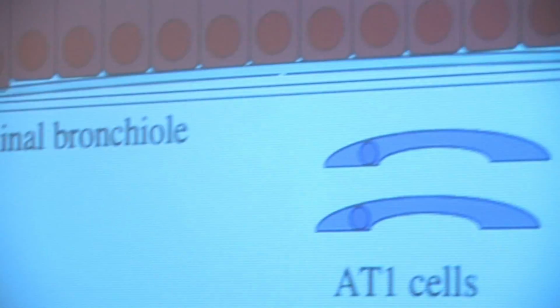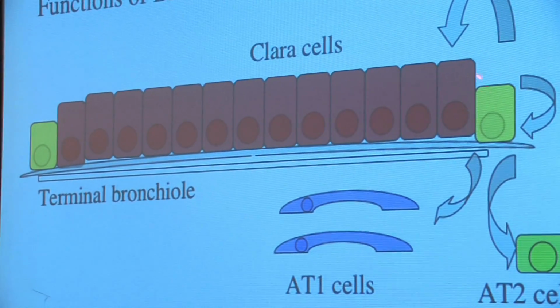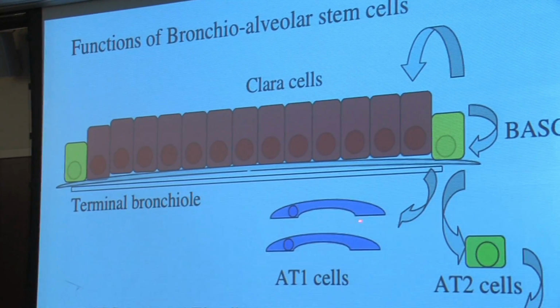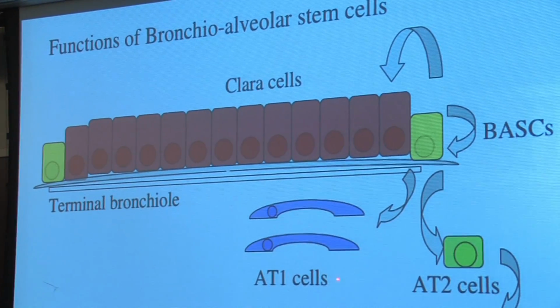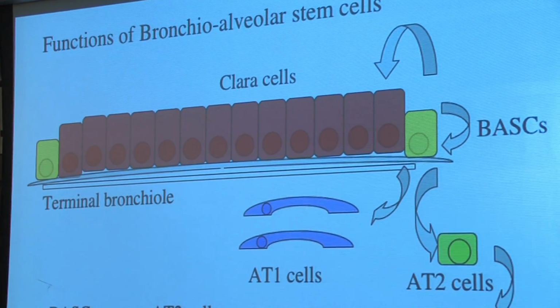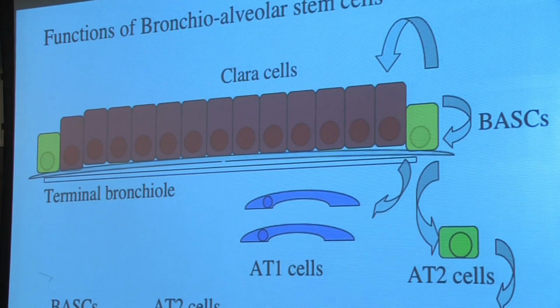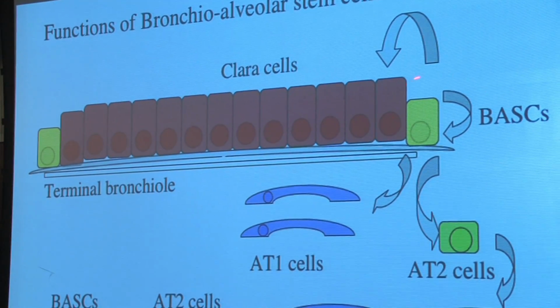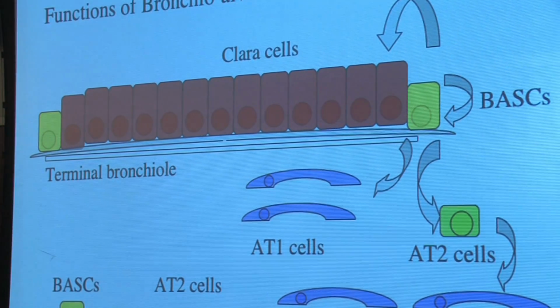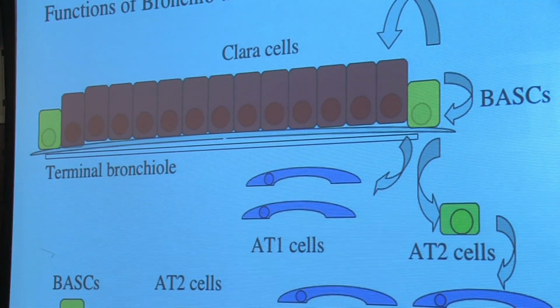And I've shown you that in vivo they can respond to injury of the Clara cells, shown here in red. And in other work, we've also seen that they can also increase in number in response to alveolar type 1 cells from bleomycin, as I referred to earlier. And so we think that these cells can self-renew and give rise to the specialized cell types in this region of the lung if injury occurs.